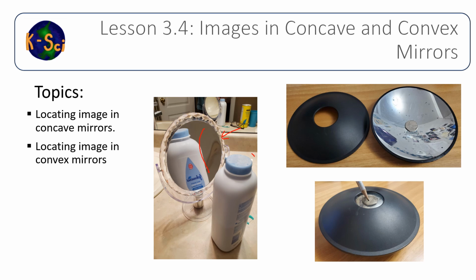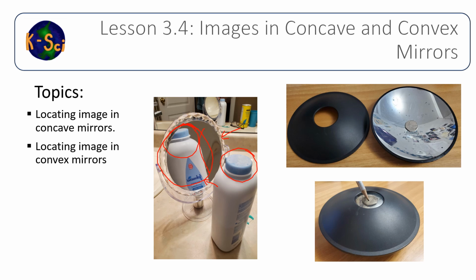And if you move your face, and I tried to do this with my face, but I couldn't with the camera, the distance between the object, your face, in this case this bottle, and the mirror changes the amount of magnification or even whether you can see an image at all. So definitely from this distance, you can see that the bottle has been magnified. It's still a virtual image. It still looks like it's behind the mirror, but it's definitely enlarged.